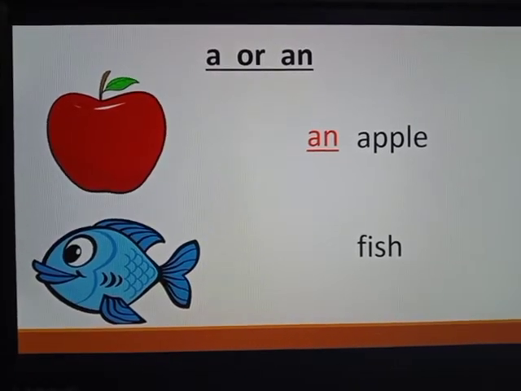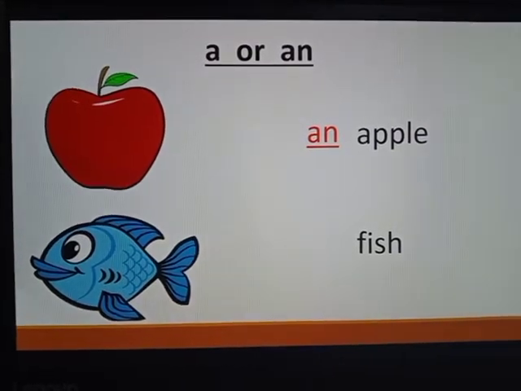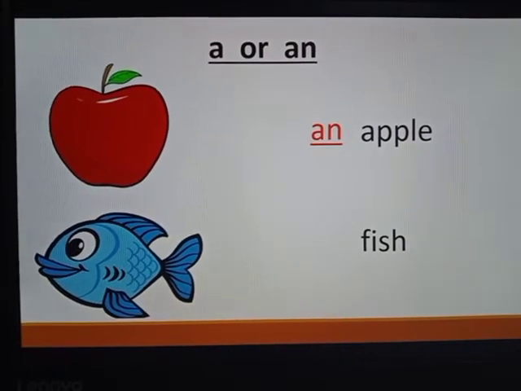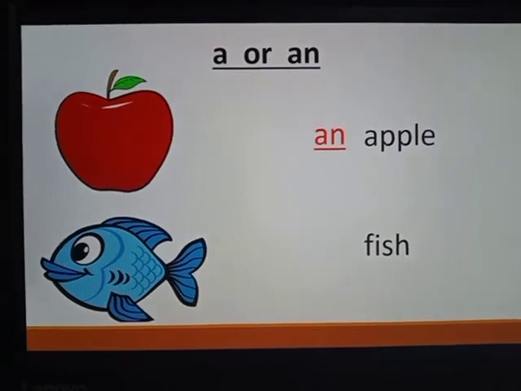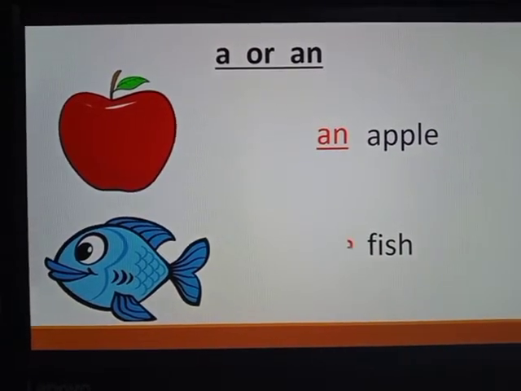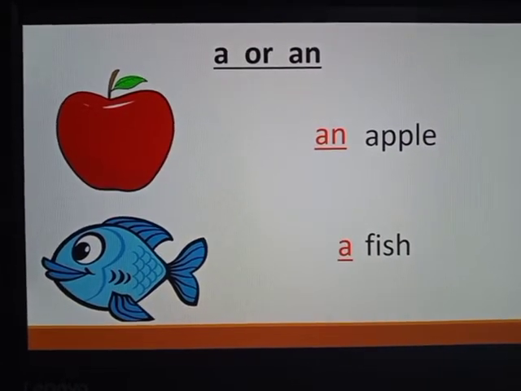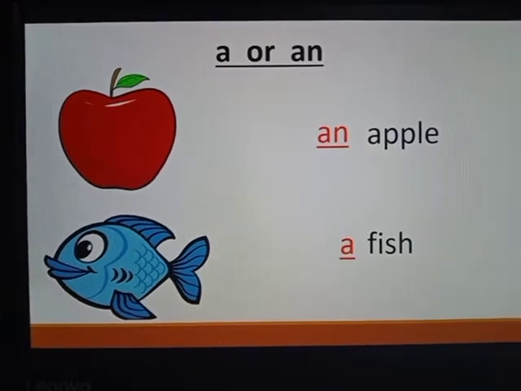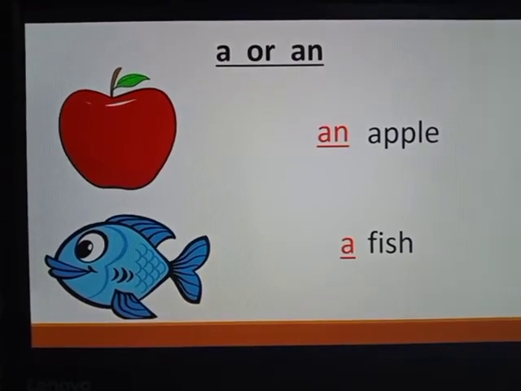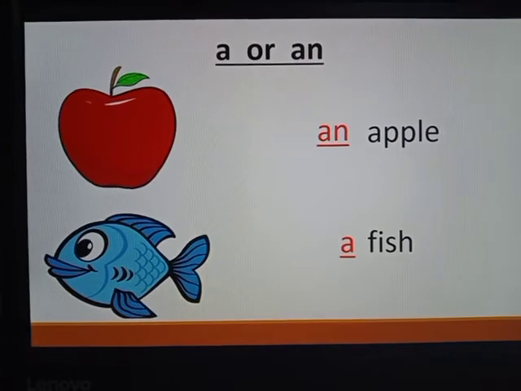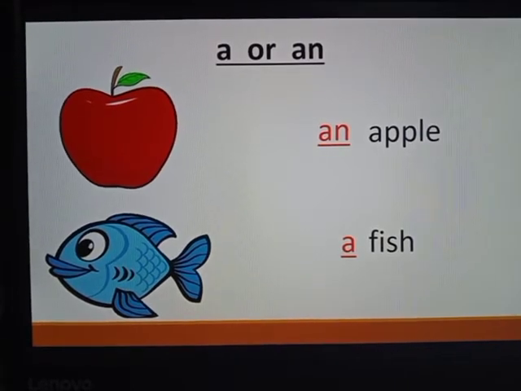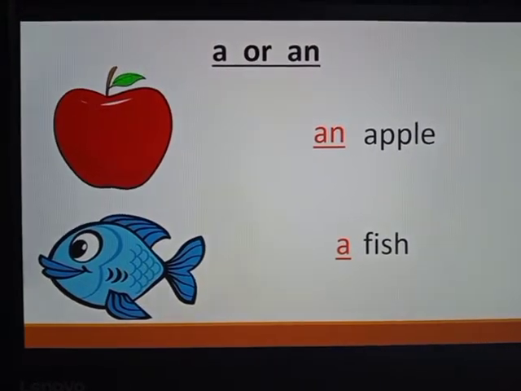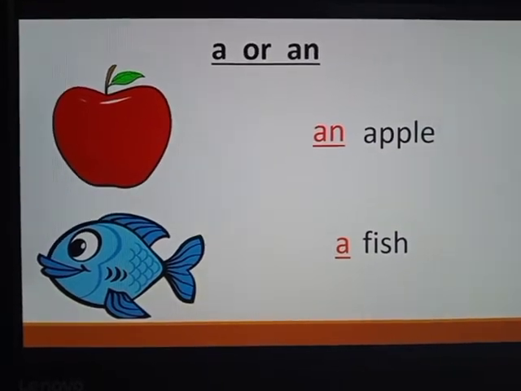It's a consonant. So what will come, a or an? Yes, a. So what is the answer here? A fish. A is the answer. So we use a before words that begin with consonant sounds, and we use an before words that begin with vowel sounds. Keep in mind.